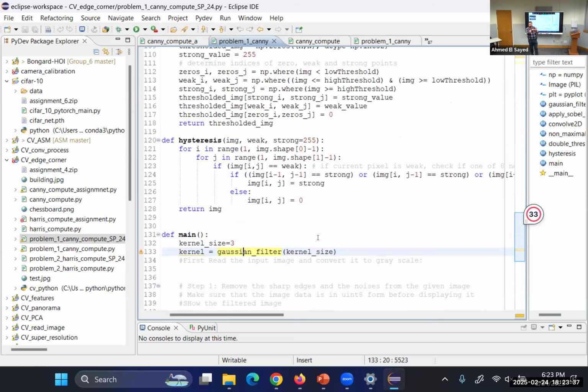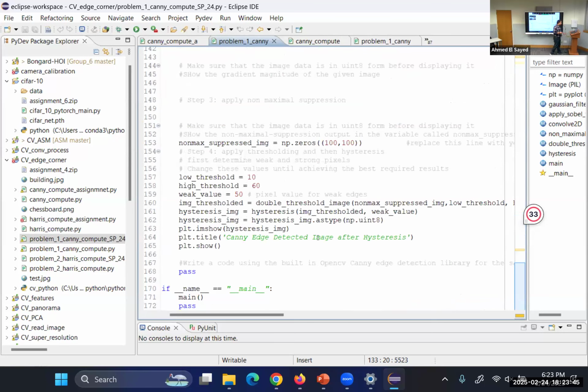If the weak edge is not connected to a strong edge, then it's not an edge at all. Okay? Based on that, we can calculate the hysteresis and determine if it is an edge, or if it's a weak edge, we can ignore it. If you do all of this process, that's what you will get.